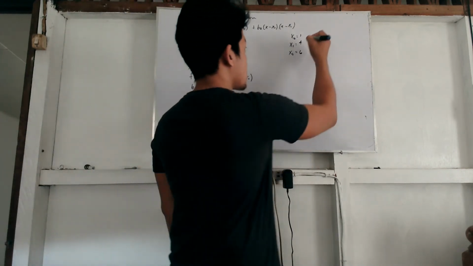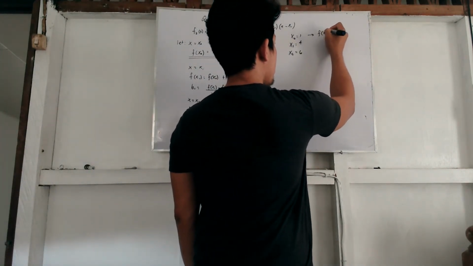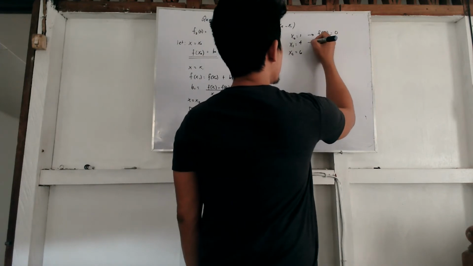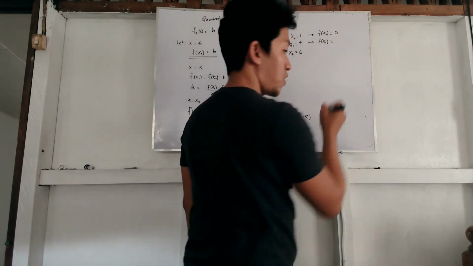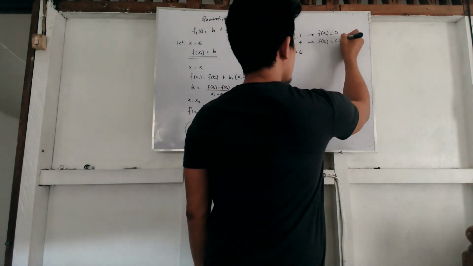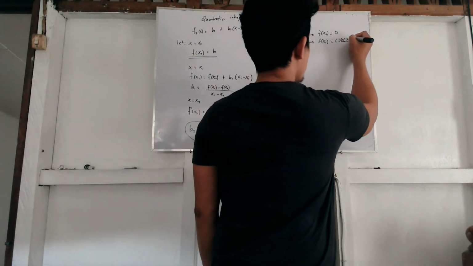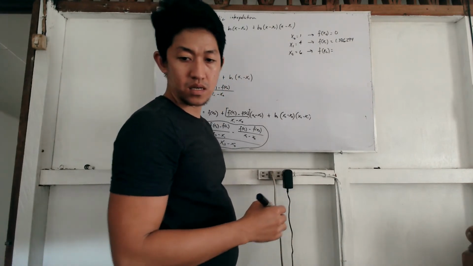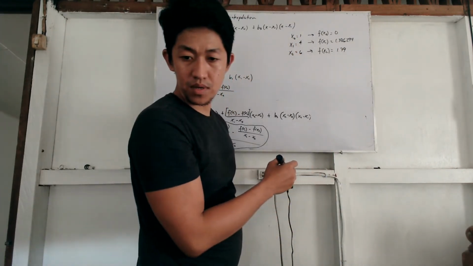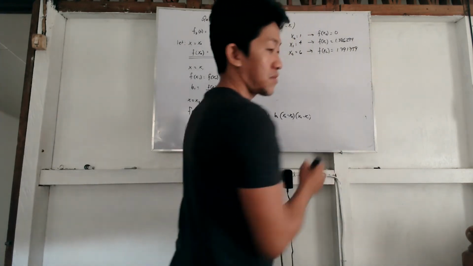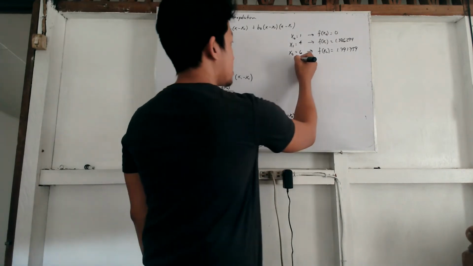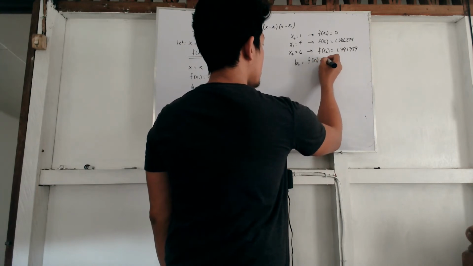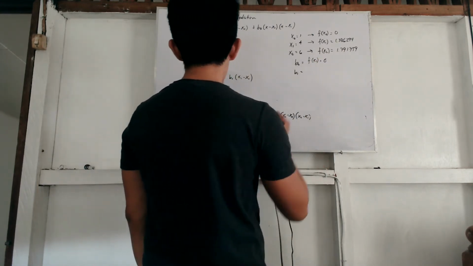Okay, so let's recall that f of x0 is ln of 1, which is 0, ln of 4 is 1.386294, f of x2 is 1.791759.